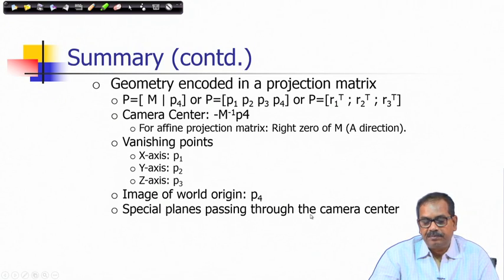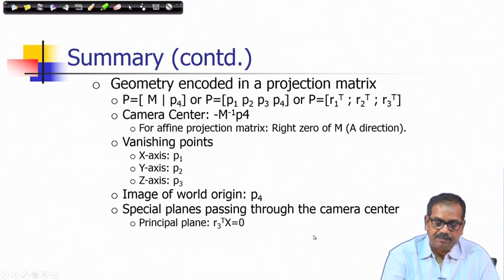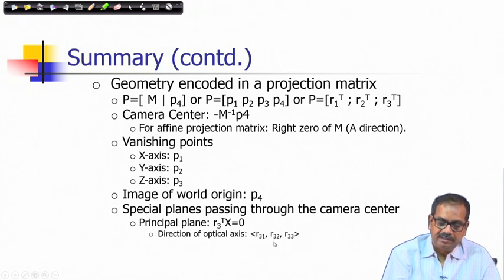There are also special planes which we can recover from the projection matrix's elements, particularly from its rows. Some of the special planes, like the principal plane, are given by this relation: R3 transpose x equals 0. Since it is a principal plane, its normal will give you the principal axis. So, the first 3 elements of the vector R3 would give you the direction of the normal.